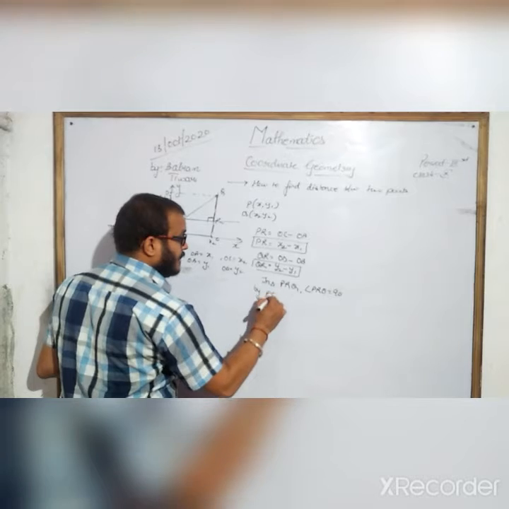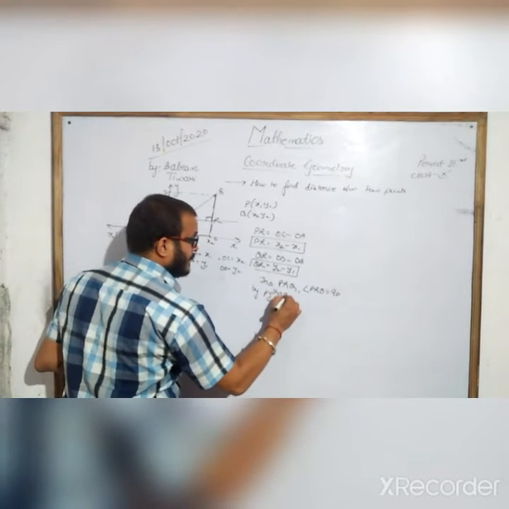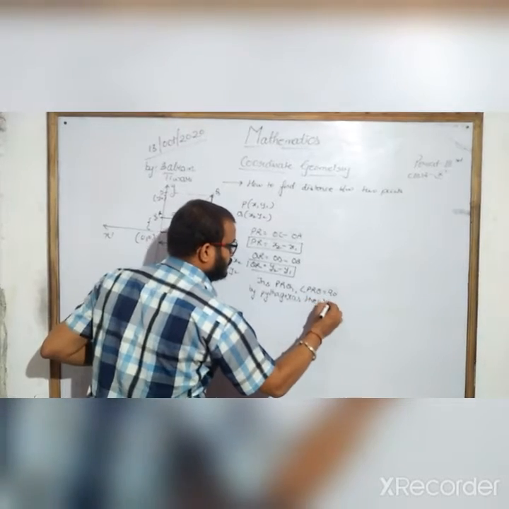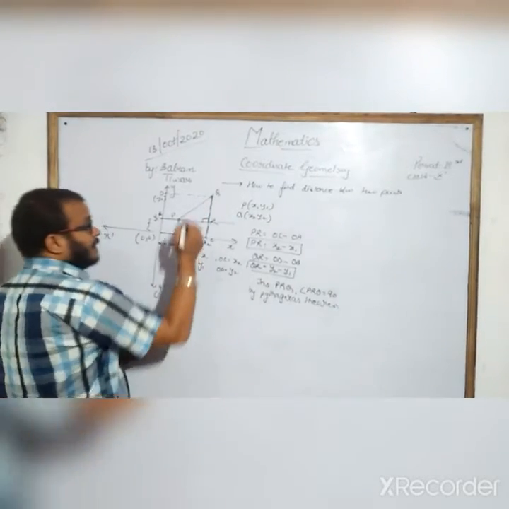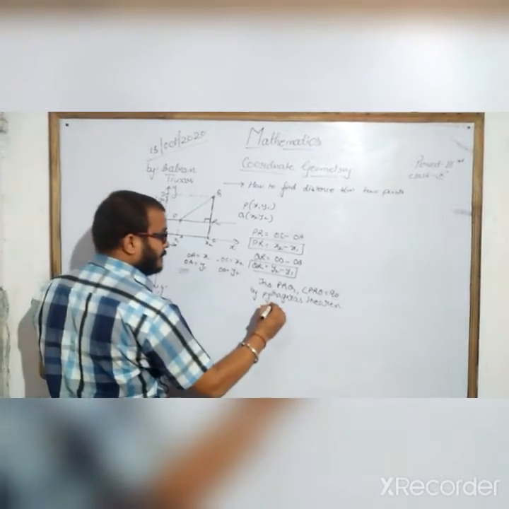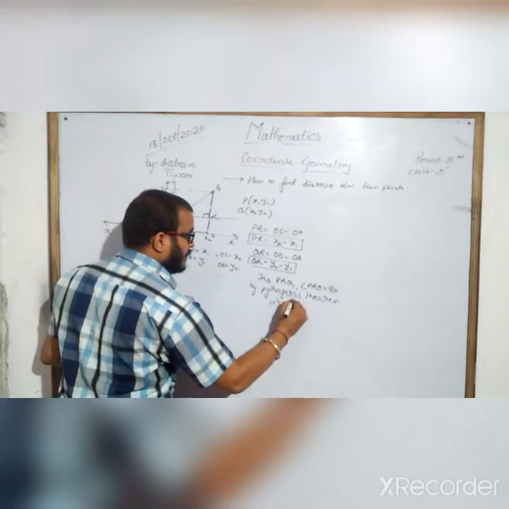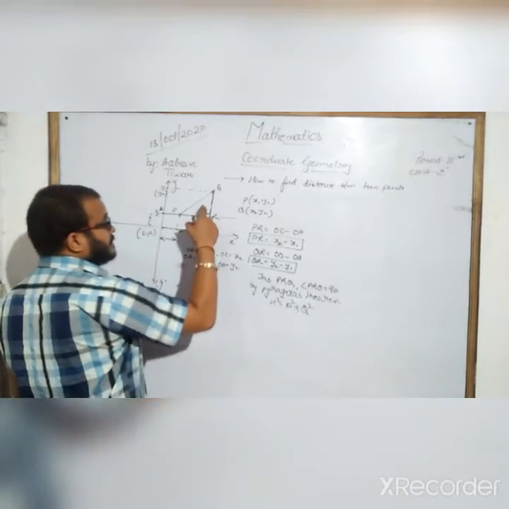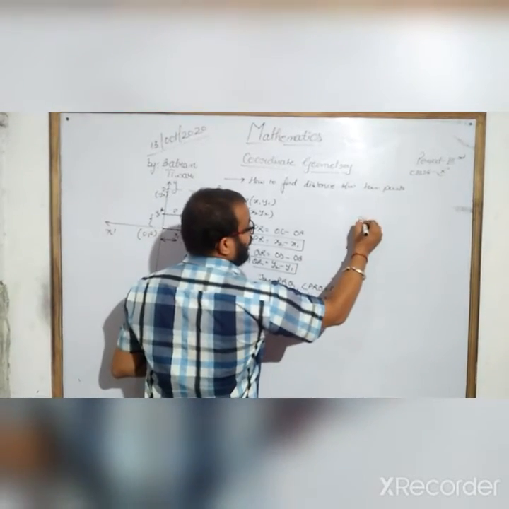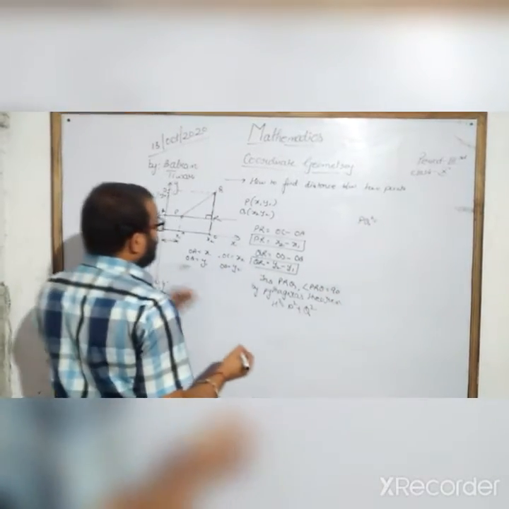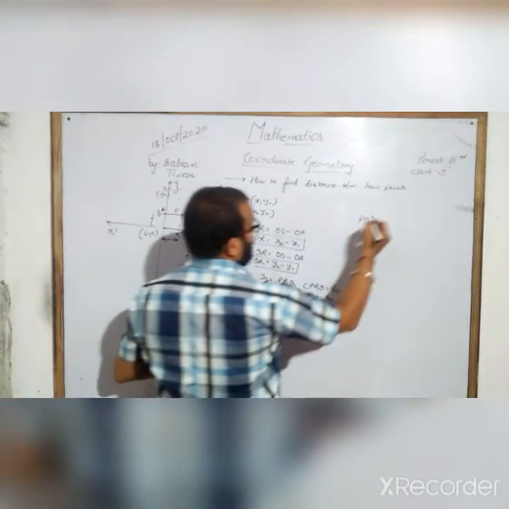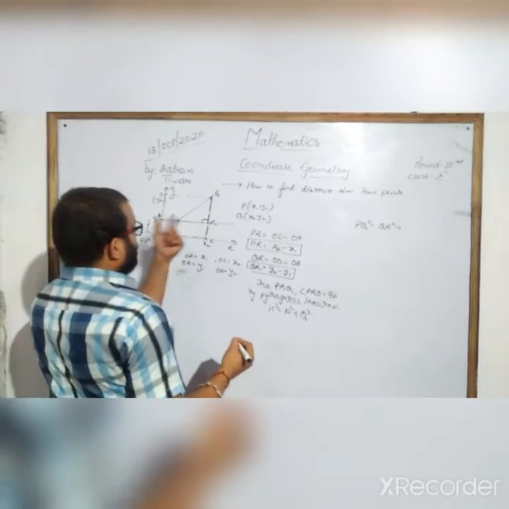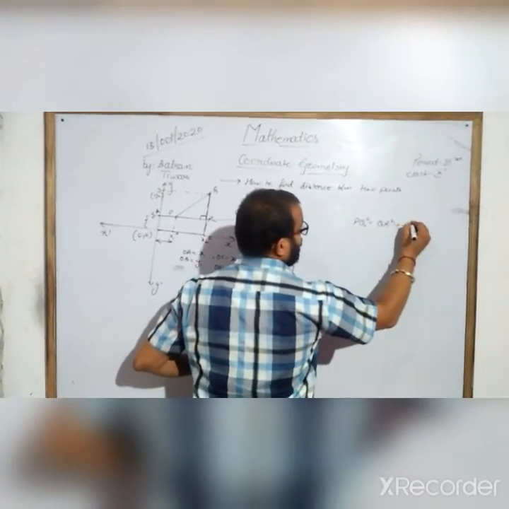Yes. By the Pythagoras theorem, hypotenuse square equals perpendicular square plus base square. The hypotenuse is PQ square, the perpendicular is QR square, and the base is PR square.